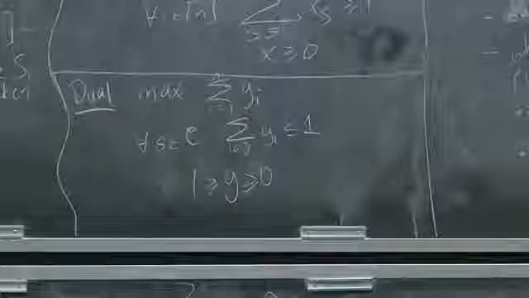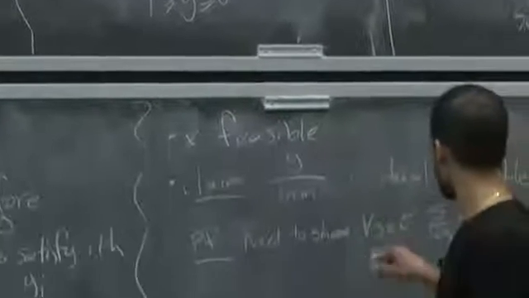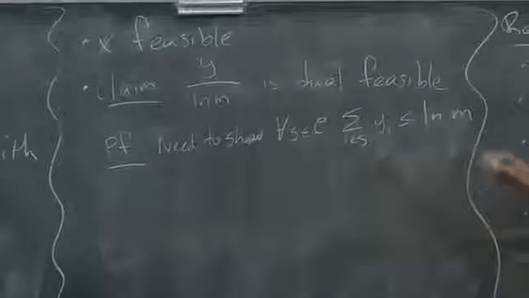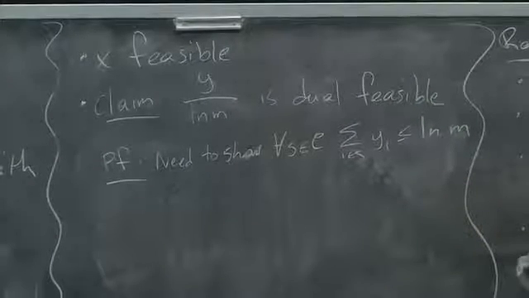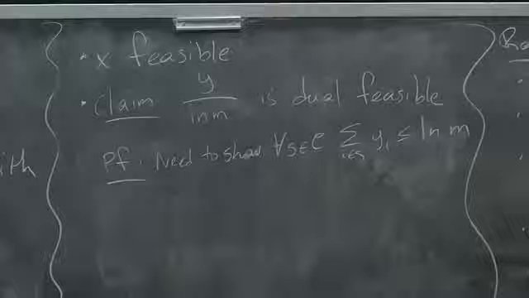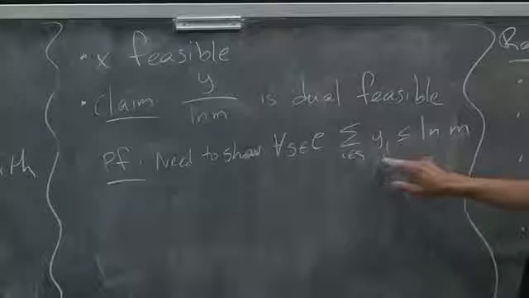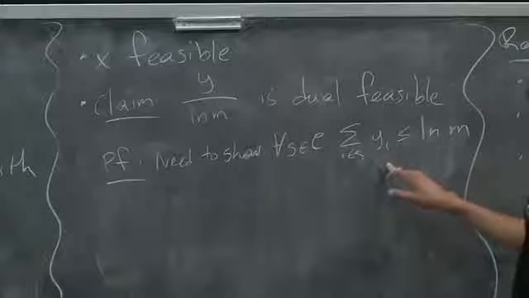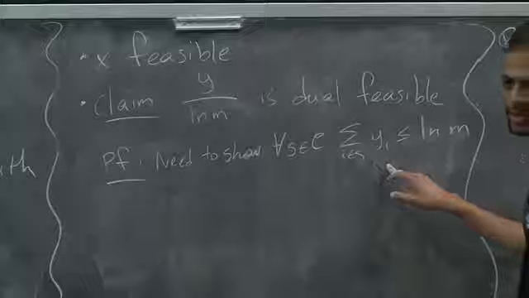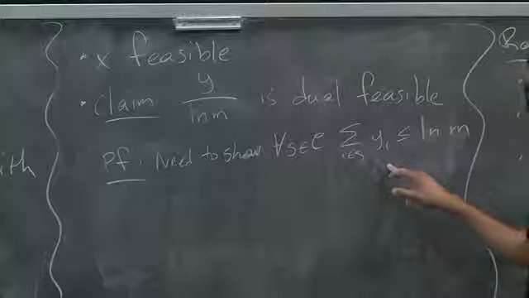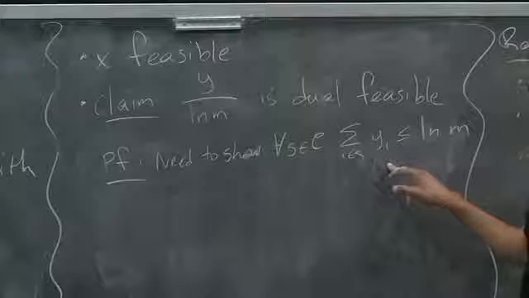Well, why is that the case? Let's focus on a particular set S. Now, look at this sum. If some yi is being increased in this sum, we're also simultaneously increasing xs for every S that contains i.